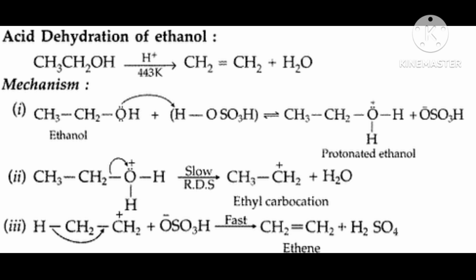Okay, means you will get ethylene. And the hydrogen is released, it is going as H plus. It means the H plus that was used is now going back. Now I am stopping only here. Thank you.